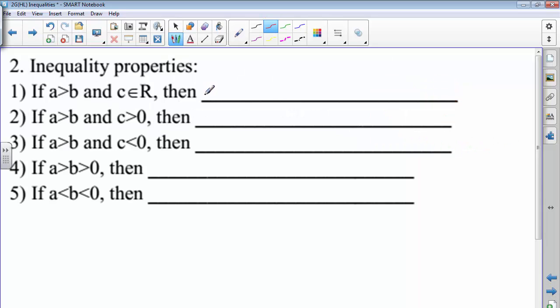Let's review some important inequality properties. And I do believe you guys have learned those properties in Math 9 already.